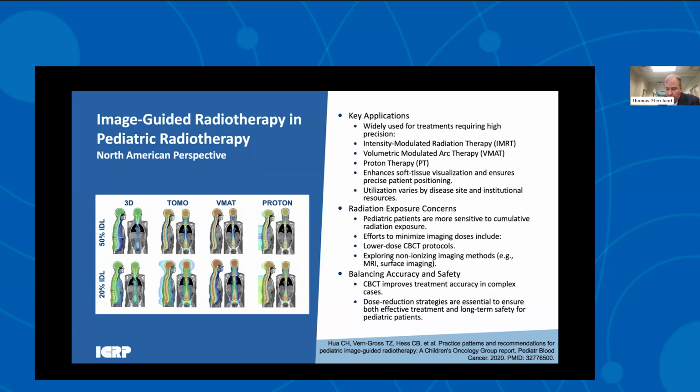And while it's invaluable for improving treatment accuracy, there are concerns about radiation dose exposure in pediatric patients, and this has prompted efforts to minimize radiation doses. These efforts include implementing lower dose protocols, exploring alternative approaches, and using non-ionizing imaging methods to ensure both effective treatment and long-term safety.